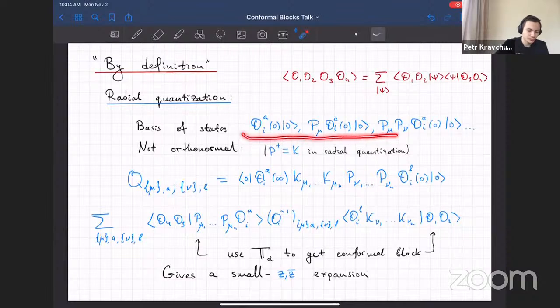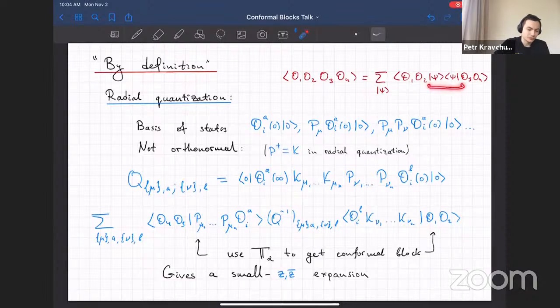This kind of structure of states is sometimes called generalized Verma module. Now the problem with these states is that in general they're not orthonormal. The states with different numbers of P's are orthogonal to each other, but there is no simple orthogonality property, for example, for states with two P's.